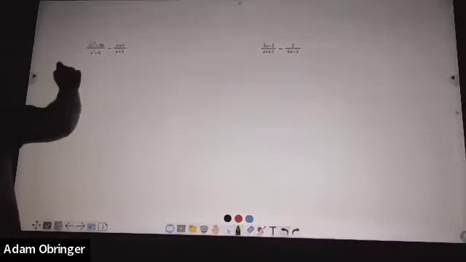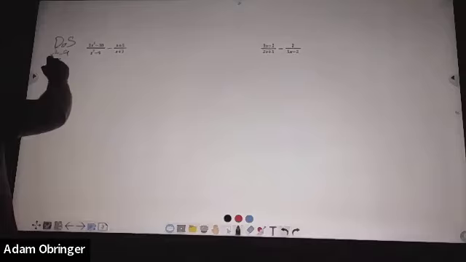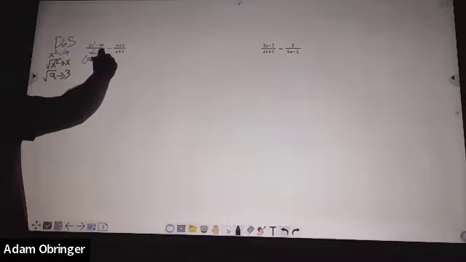X squared minus 9 is a difference of squares. If we square root x squared, we get x. And if we square root 9, we get 3. So this is really x plus 3, x minus 3.